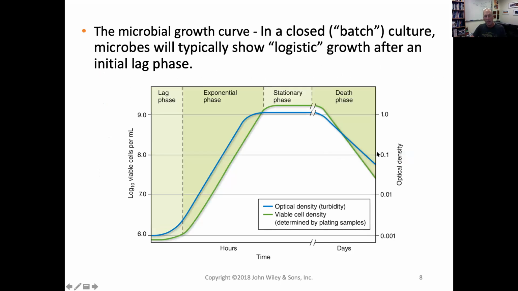Okay. Now, the important thing here is to talk about the idea of a growth curve, because that's what is being looked at in the lab this week. A growth curve looks at growth of a microbial population in a closed system, a batch culture, right? A batch culture is basically you start with a flask of media, you inoculate the cells in it, you cover it up.